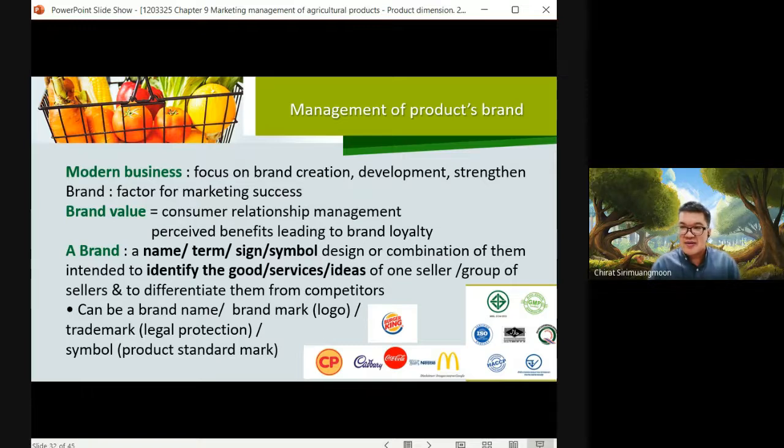So many marketers focus on the brand because this is the key success for the business.